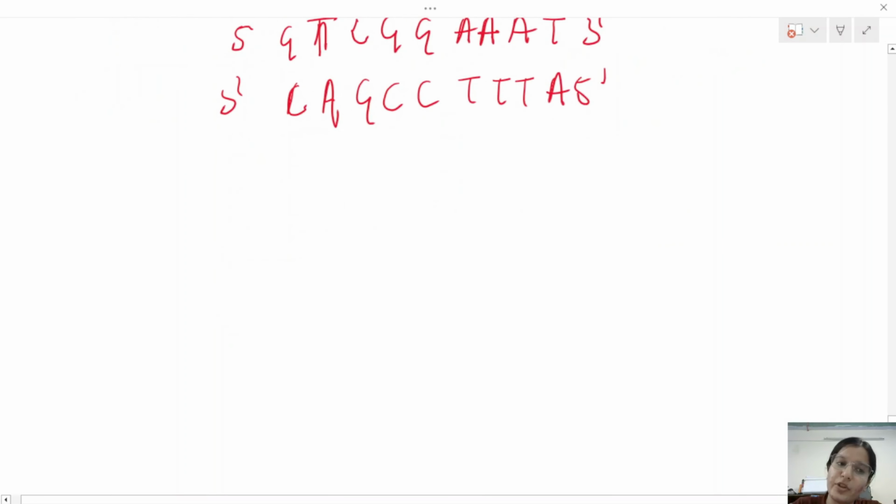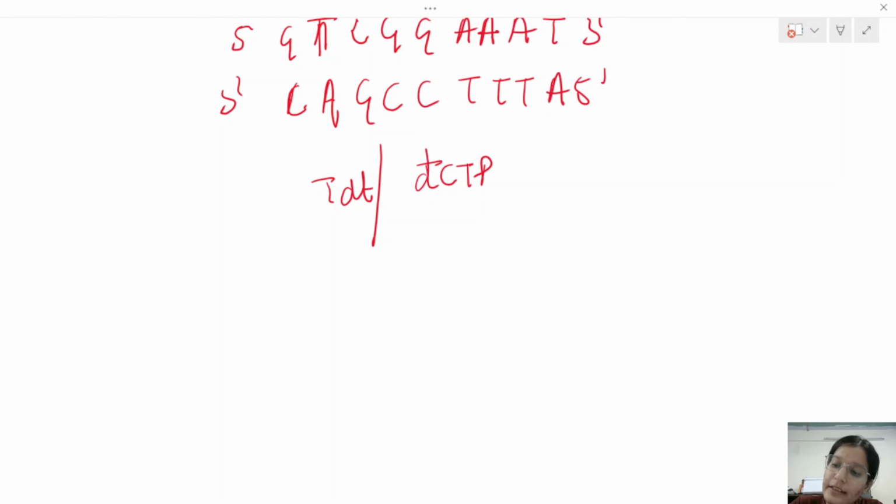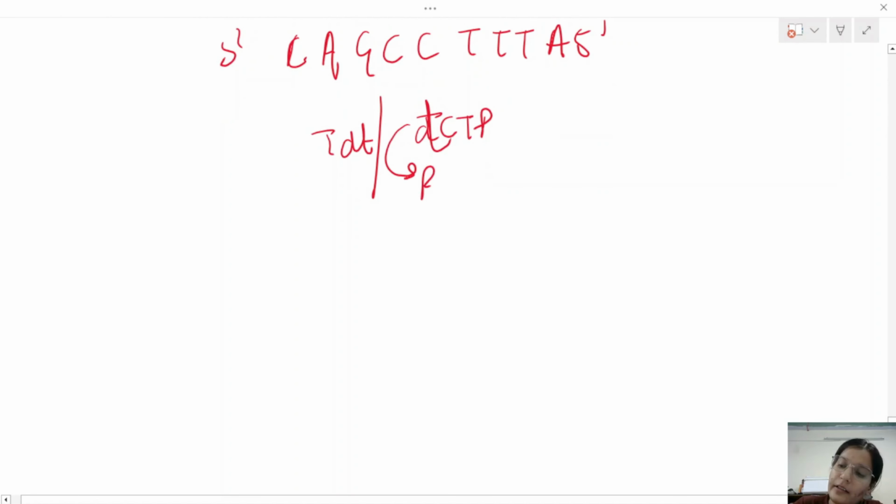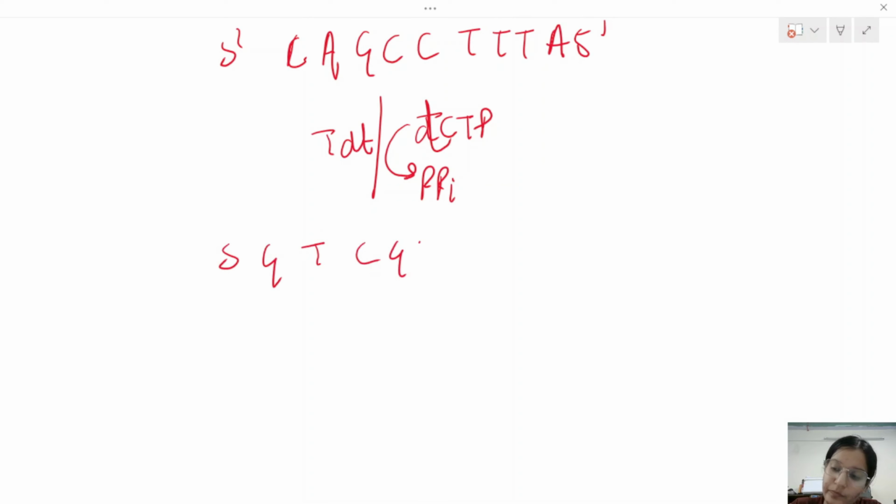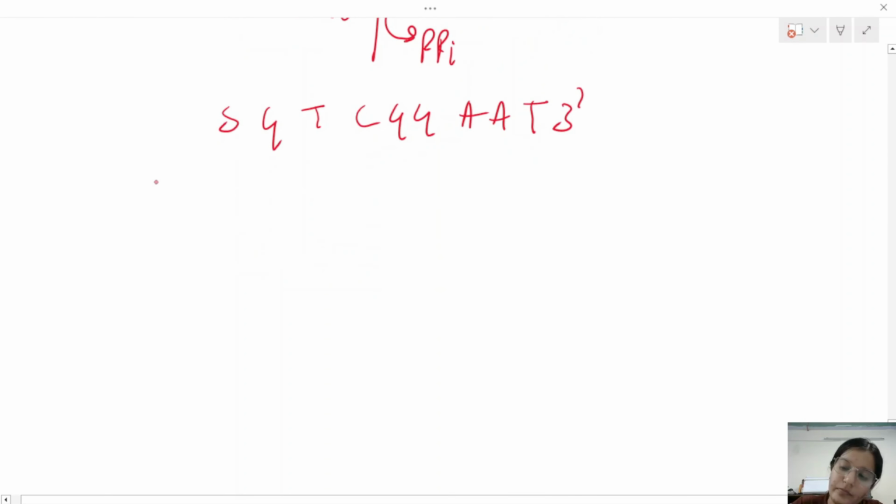In the presence of TdT, dCTP, meaning cytosine nucleotide, is added and a homopolymer tail is produced. So 3' ends are made.